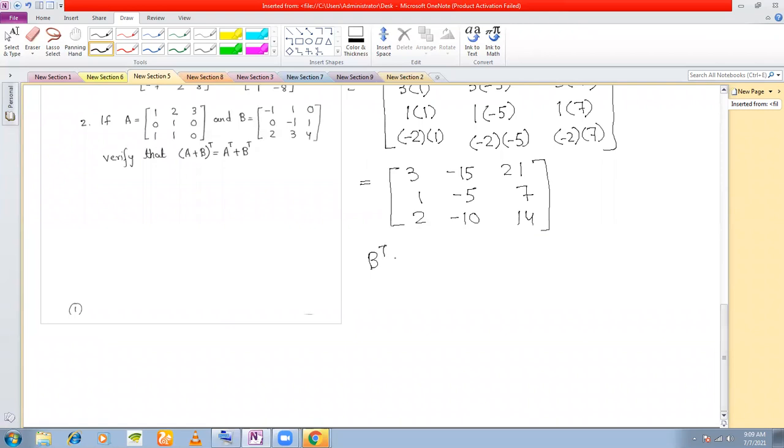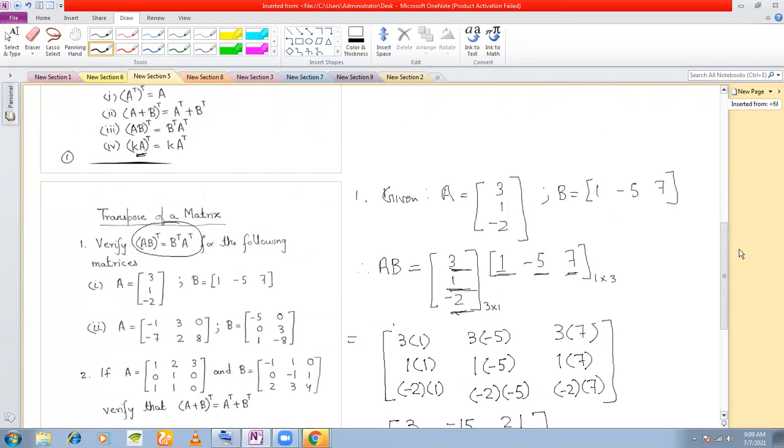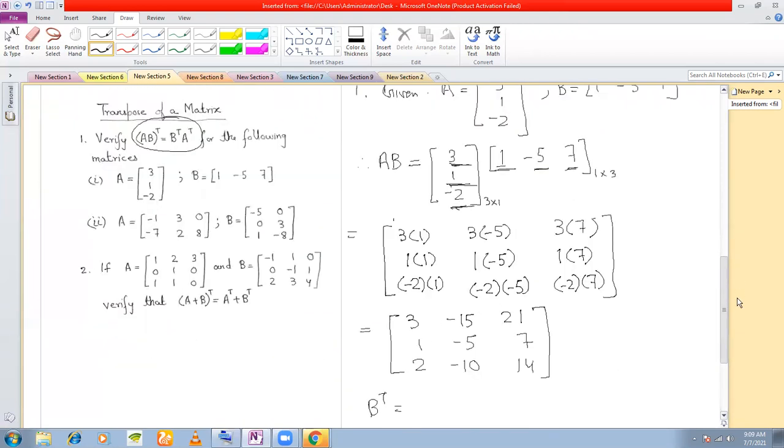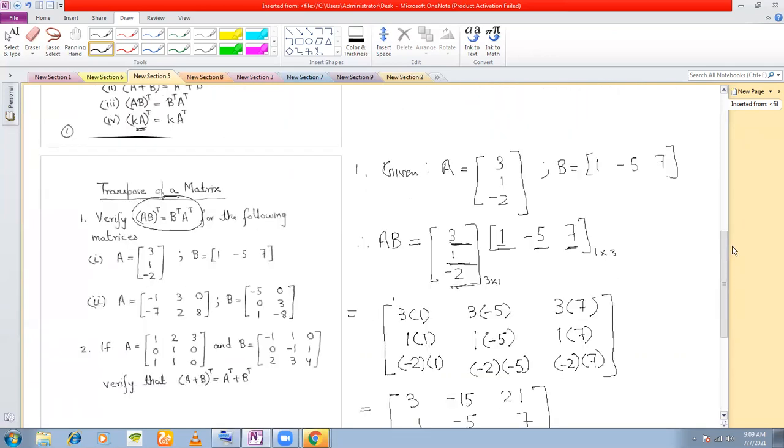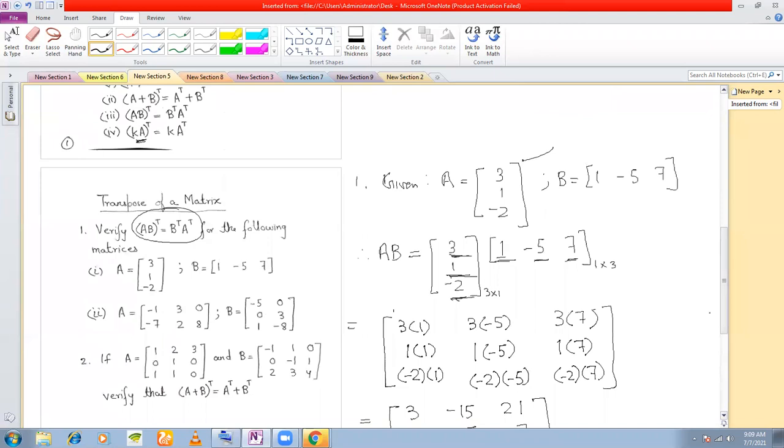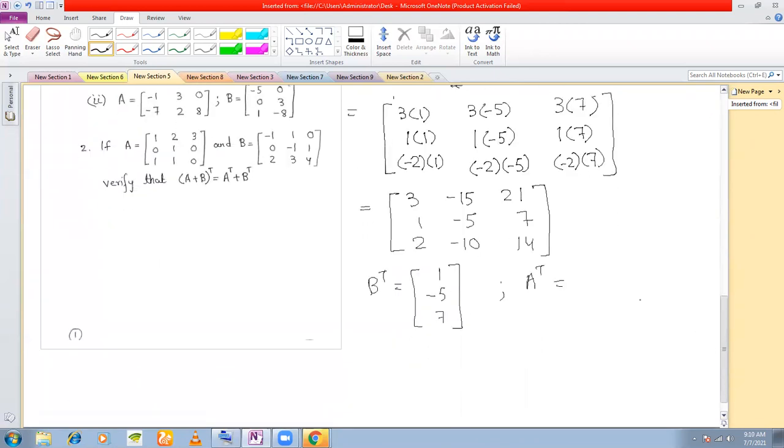B transpose is equal to how much? B was a row matrix, 1, minus 5, 7, so B transpose becomes the column matrix 1, minus 5, 7. And what is A transpose? A was a column matrix, isn't it? If we take the transpose of this, it becomes the row matrix 3, 1, minus 2. Right?